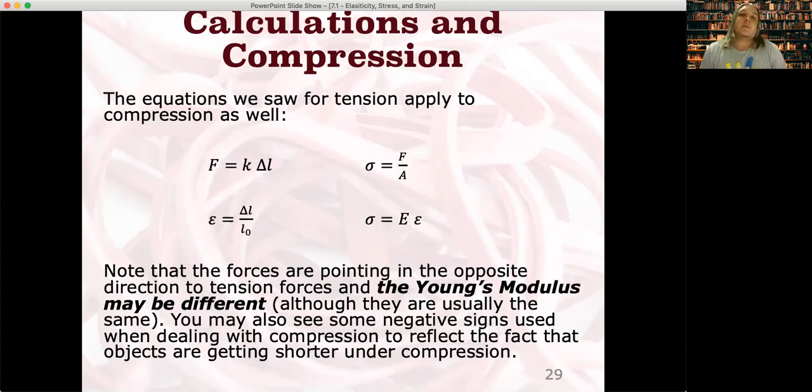And you'll sometimes see negative signs brought into it. We already said the forces were going to be in the opposite direction from the tensile forces. So sometimes we use negative signs to represent that, but as long as we understand the system, we don't always need to put those negative signs in there, because we know which way the forces are going just by stating whether it's under tension or compression.